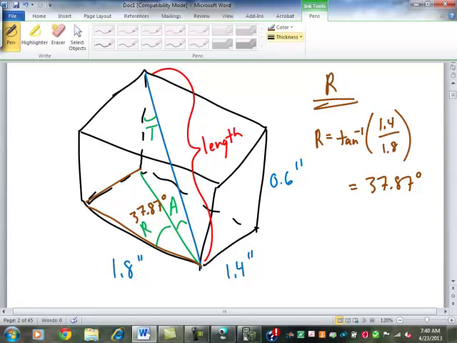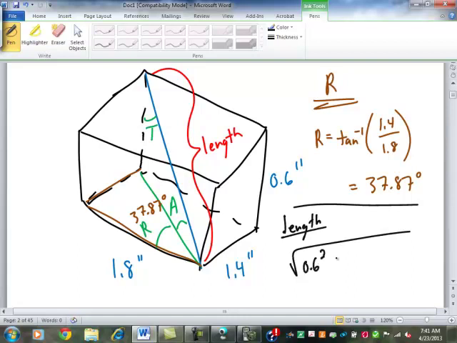Next, the length is probably the next easiest thing to find. The length is just going to be the square root of 0.6 squared plus 1.4 squared plus 1.8 squared.